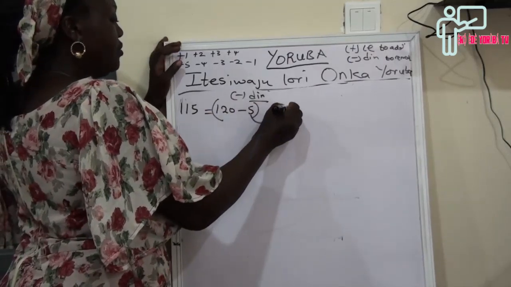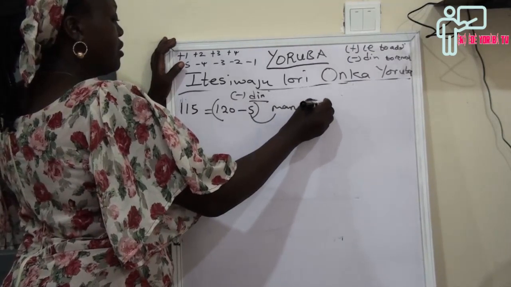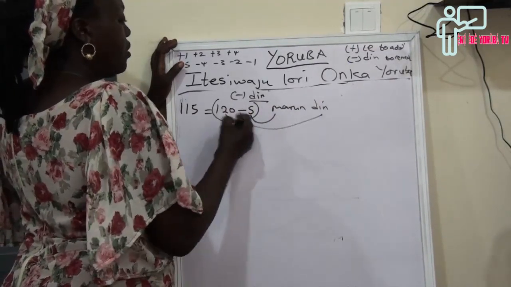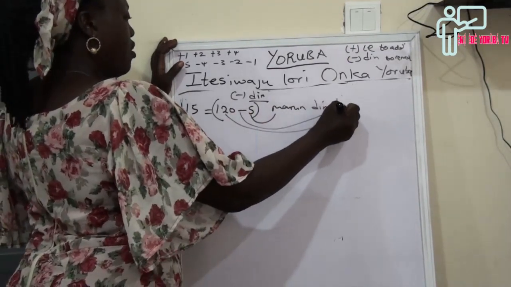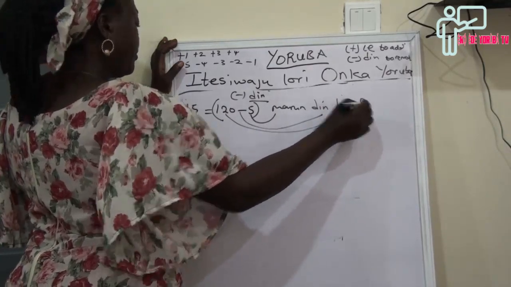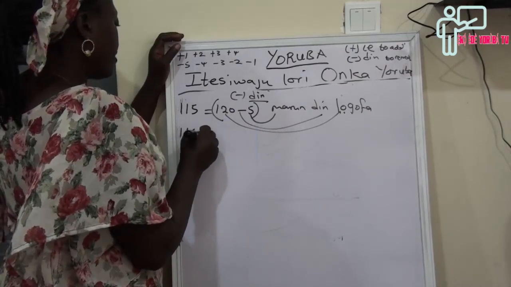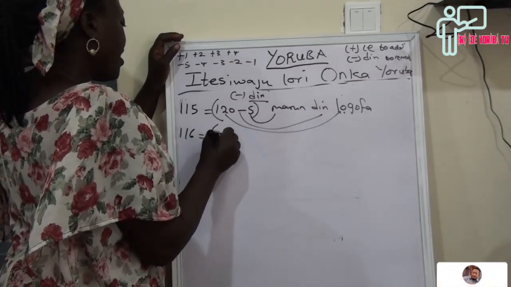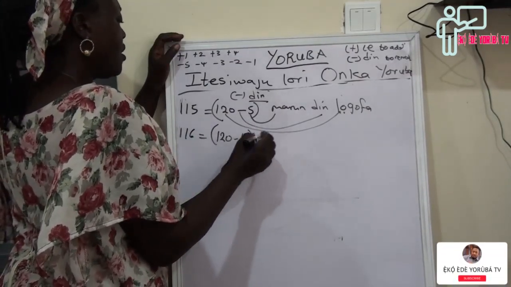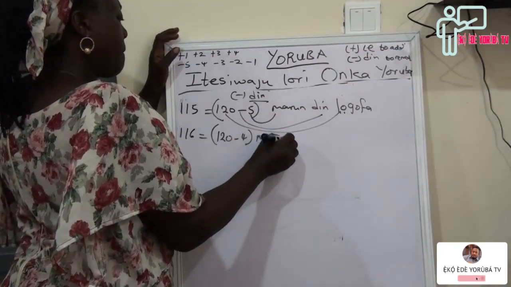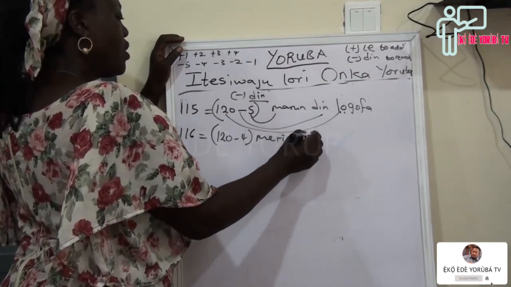Márùn-ún dín lọ́gọ́fà. 116. It means 120 minus 4. Mẹ́rin dín lọ́gọ́fà.